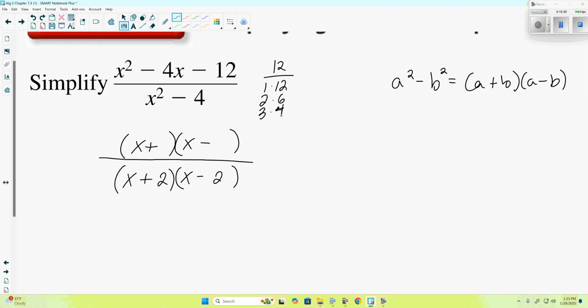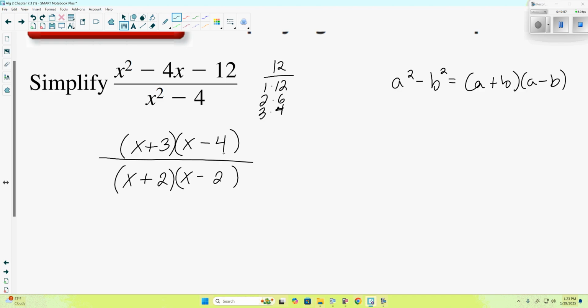So these are all the factors of 12. Which of these factors would we want to try first? 2 and 6. Because if we tried 3 and 4, we wouldn't get any common factors no matter the sign. Because if we do 3 and 4, no matter how I set the signs, they're not going to match up with x plus 2 or x minus 2.